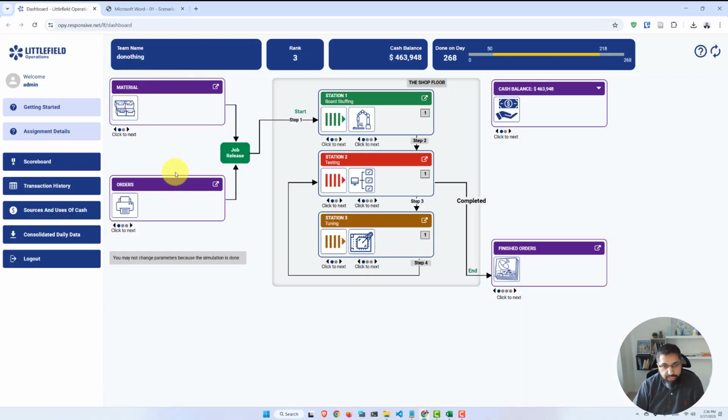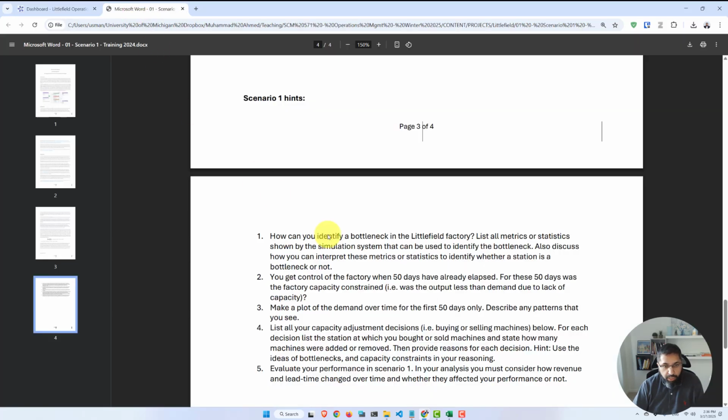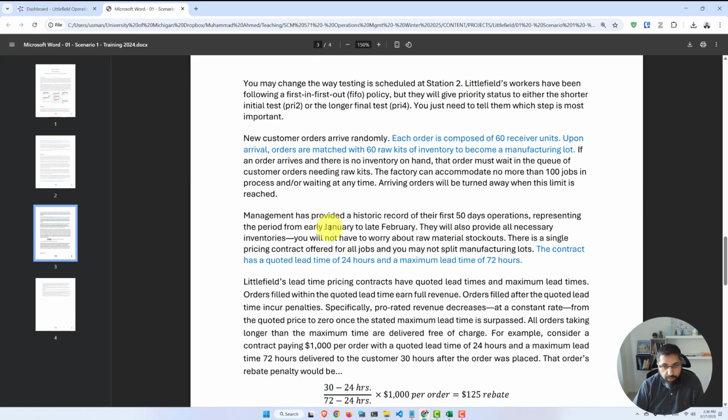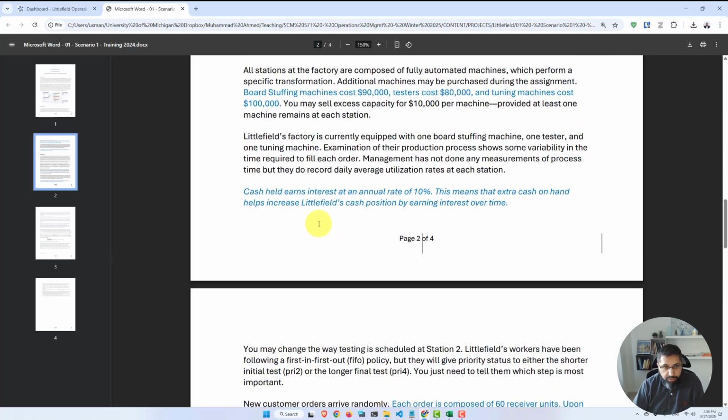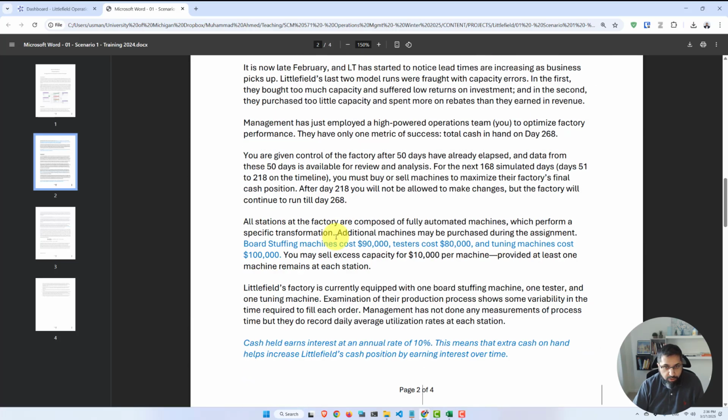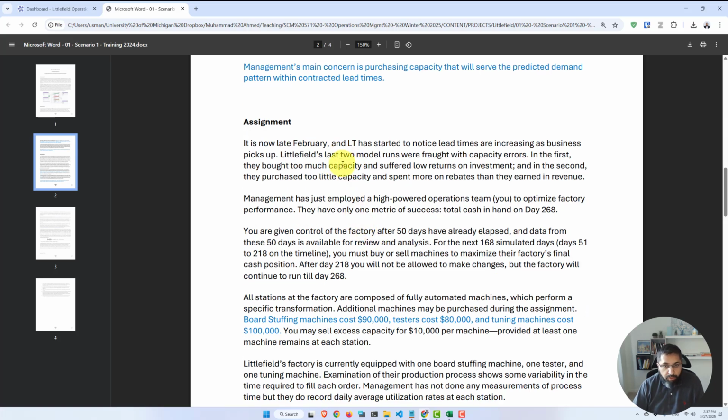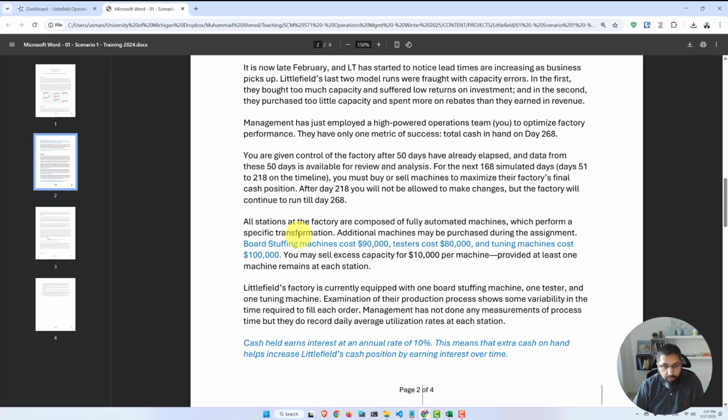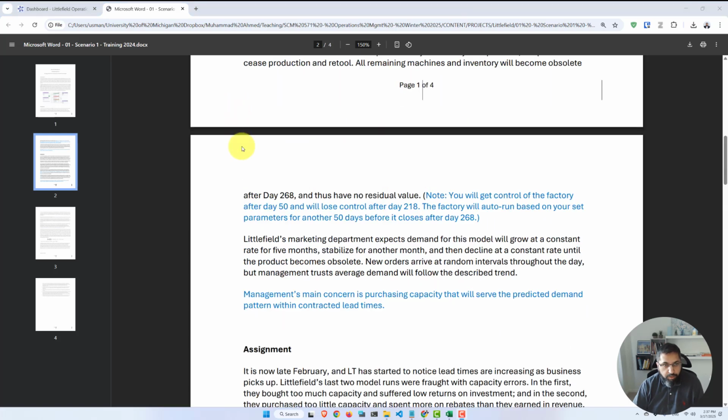Okay, so let's continue. One thing I want to point out in this document is that it gives you important data points, like the numbers in it are important, but it also gives you some important context around the demand. So if you look on page 2 at this paragraph, you have important context from the marketing department saying that we expect the demand to grow at a constant rate for 5 months.